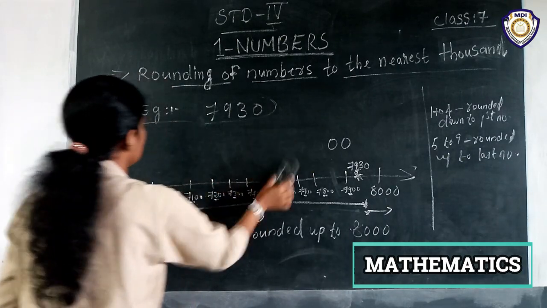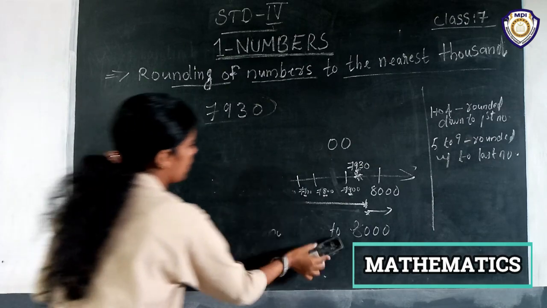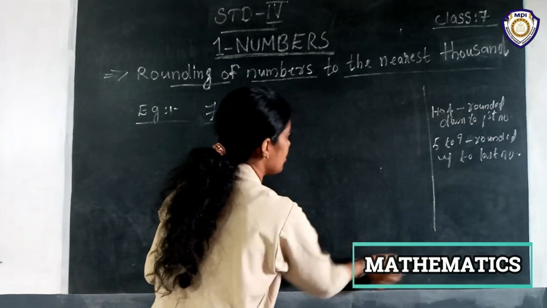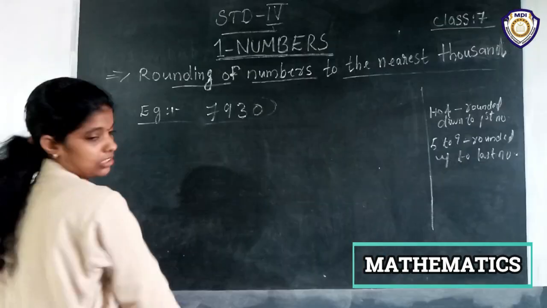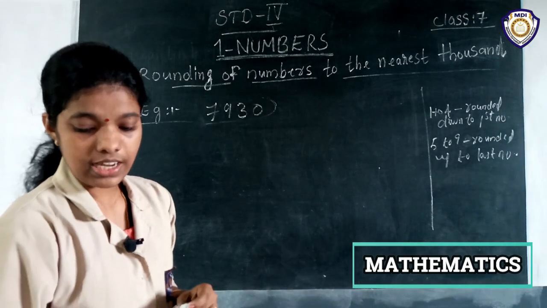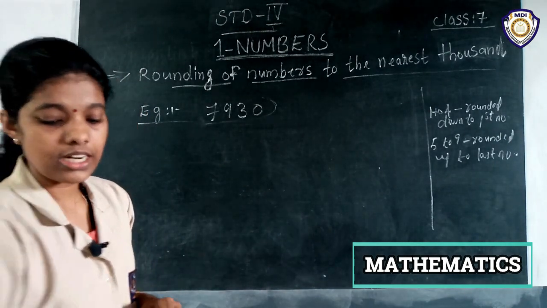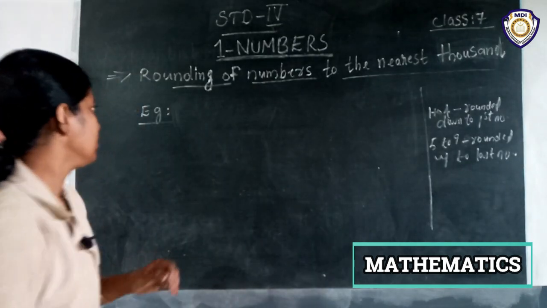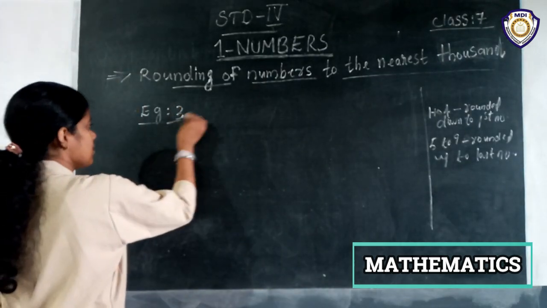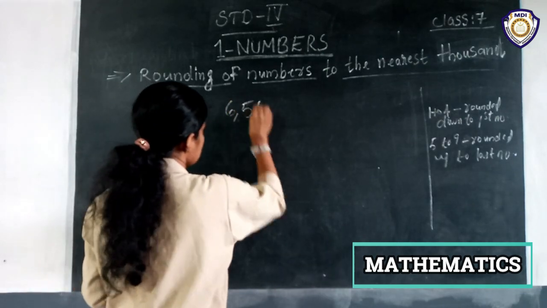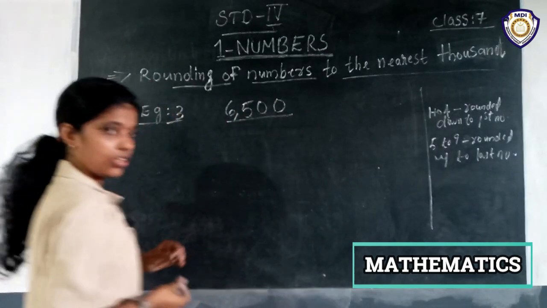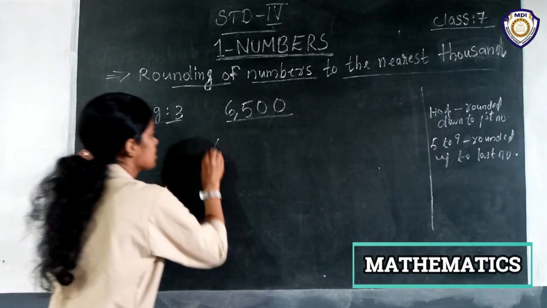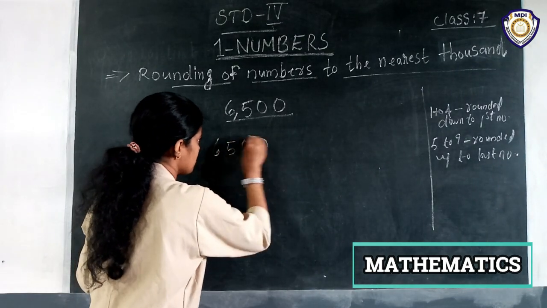Next example. Do you understand? Our next example is 6,500.